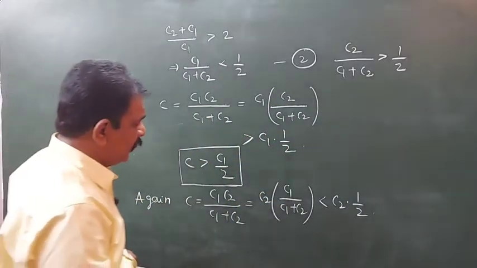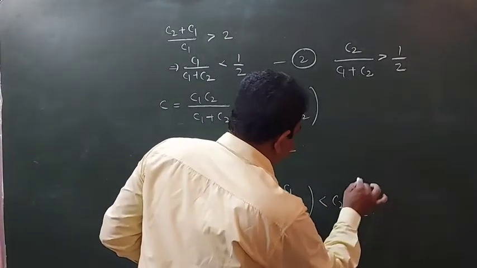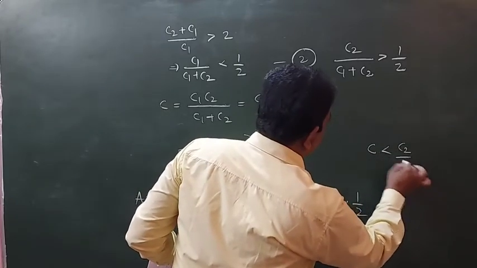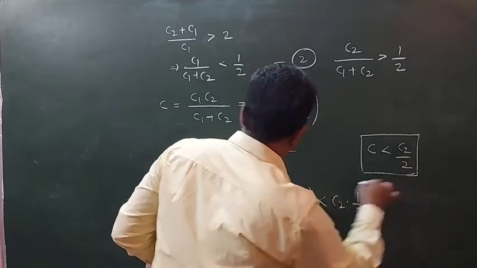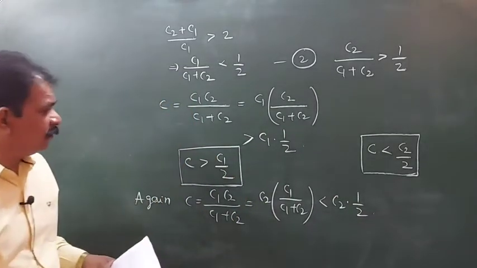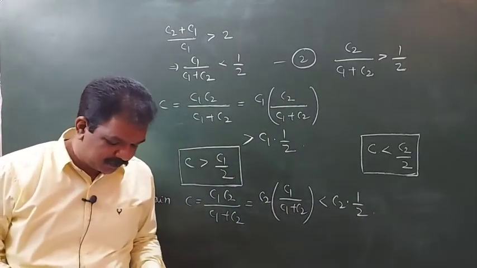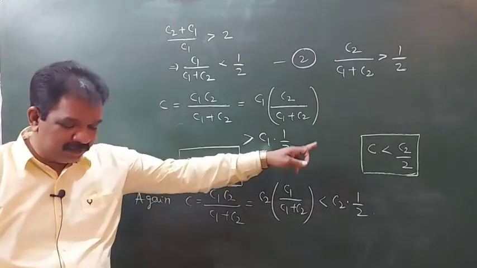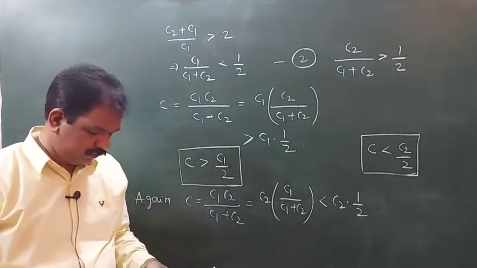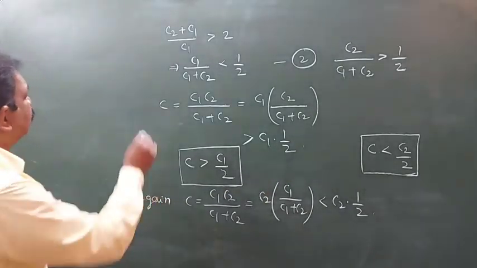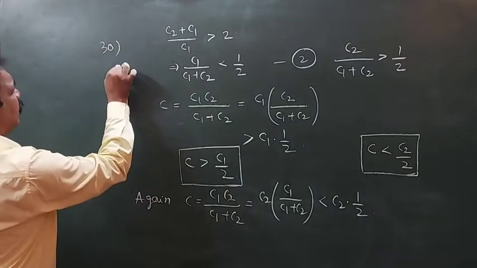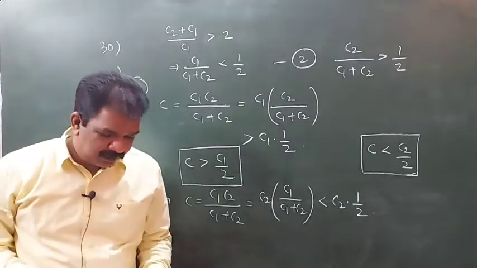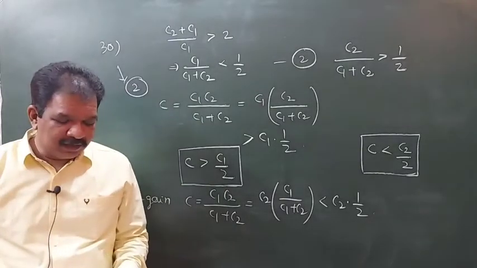So what we get here is C less than C2 by 2. This is relation 1, this is relation 2. If we check the options, the second option will be correct: C less than C2 by 2. So question 30 will be the second option. Clear? Next, 31, you see.